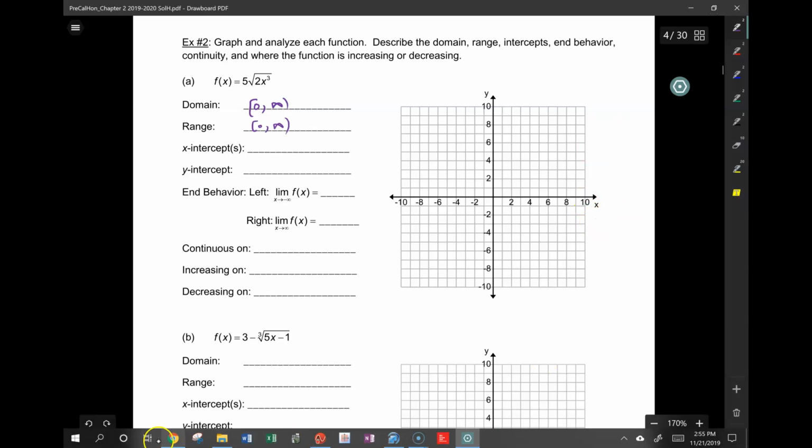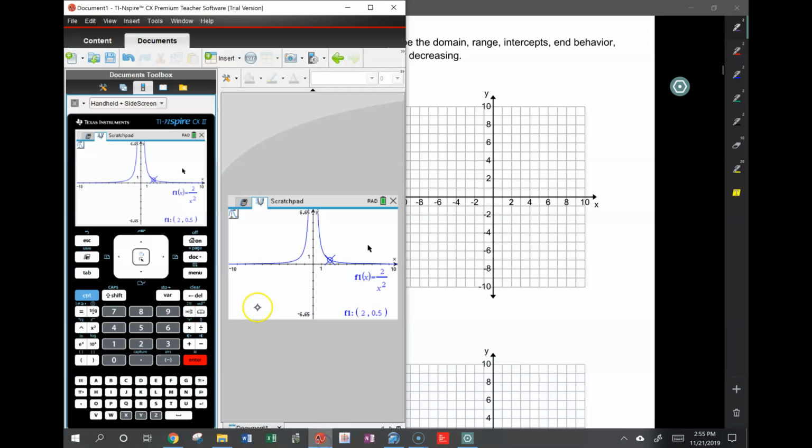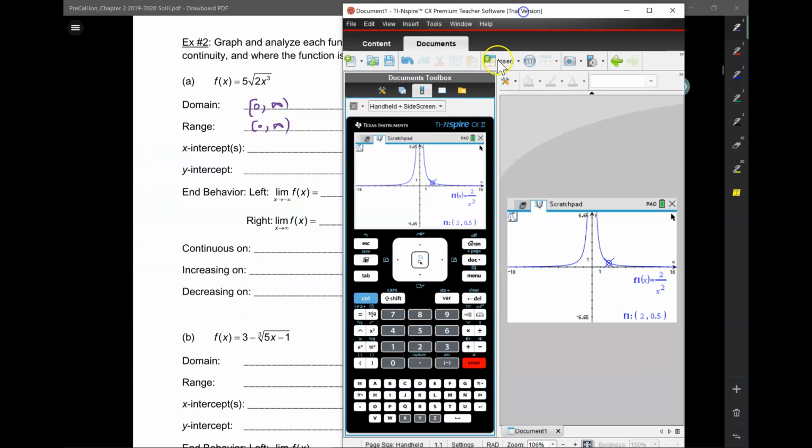Let's graph this on the calculator because we're still learning. This is going to look like what? Where are your calculators? So it's up to you how to plug this in.